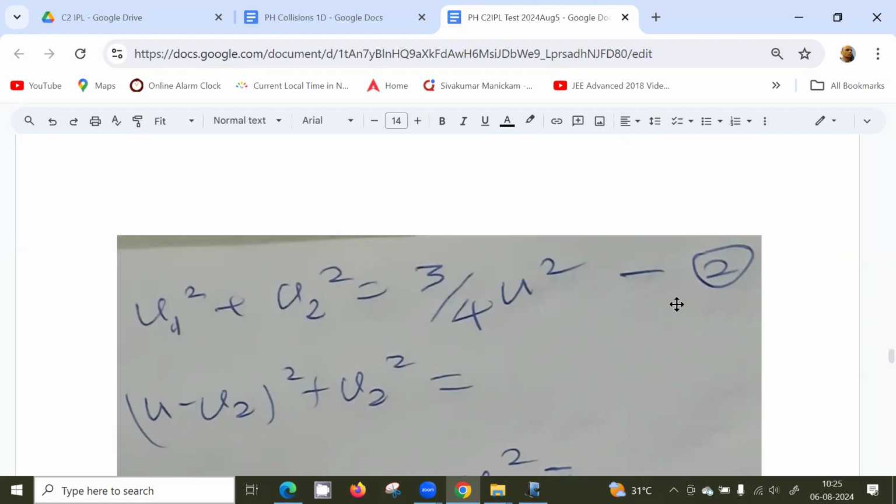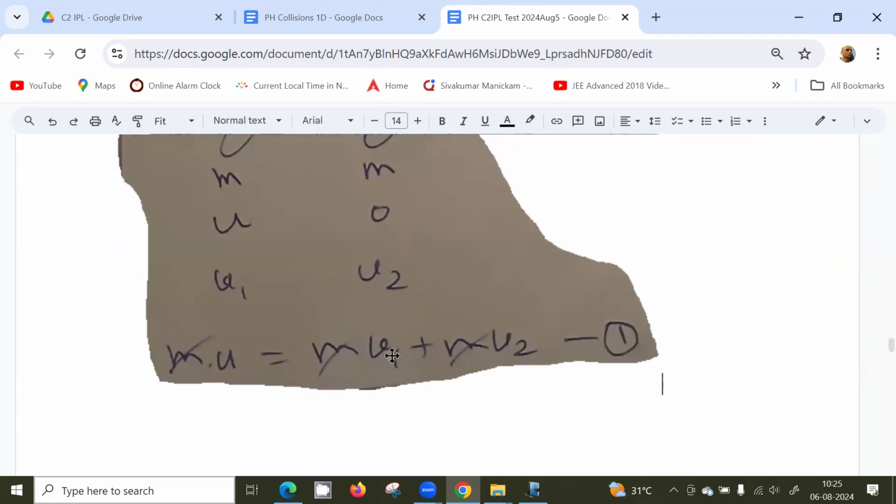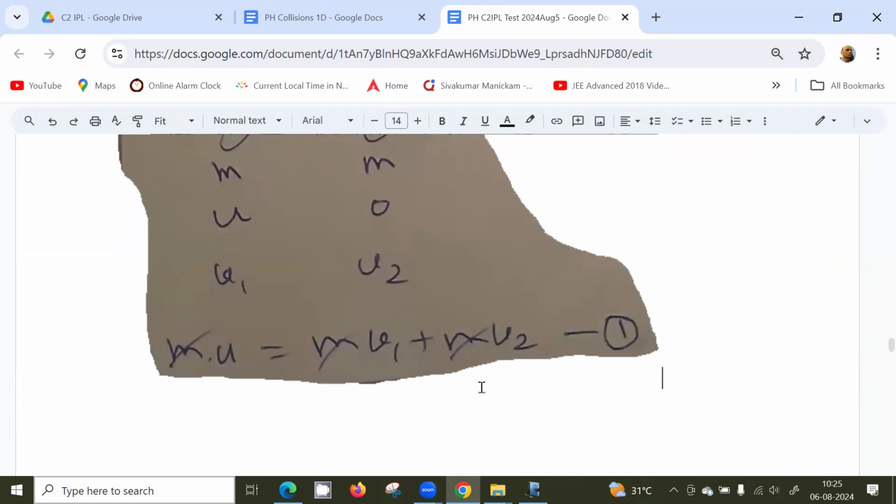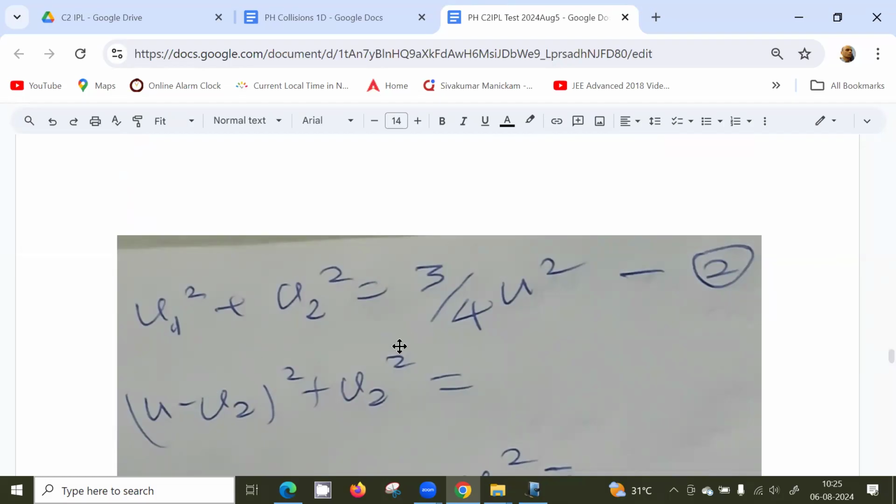From this, I get another relation between V1 and V2, so I have two equations with two unknowns, V1 and V2. This is the first one, and here is the second equation.